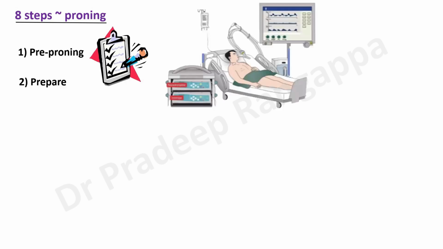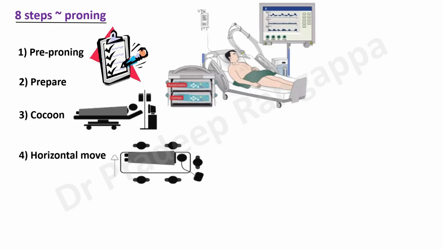Preparation is checking all the lines, checking all the ventilatory connections, and having all the infusions ready, and so forth. All these have to be kept ready. The third step is called cocooning. Cocooning is where you get all the things that need to be moved in close proximity so that you can handle everything in one go whilst you are proning.